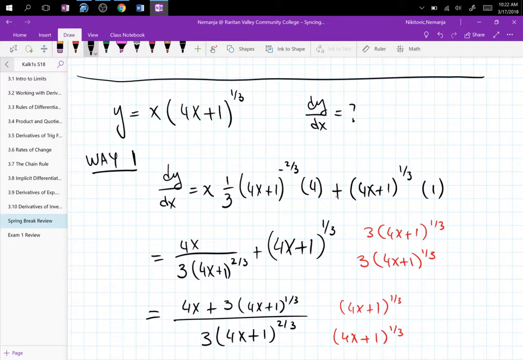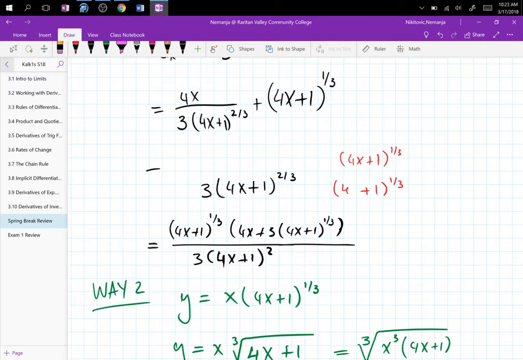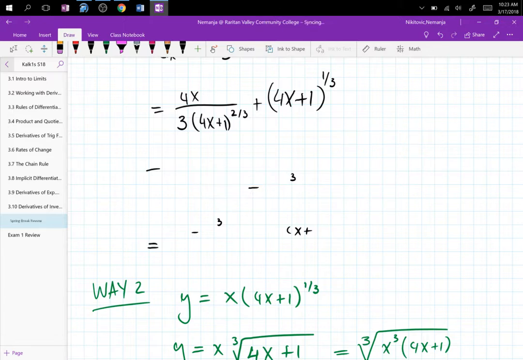Now, what I'm going to do is multiply. So I'm not doing this anymore. Well, technically I'm not doing any of this anymore. This is where you rip the page out.